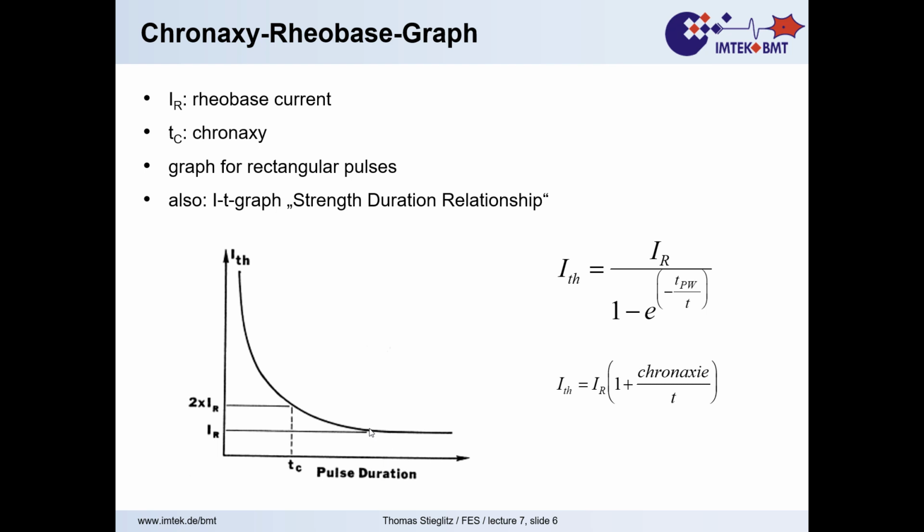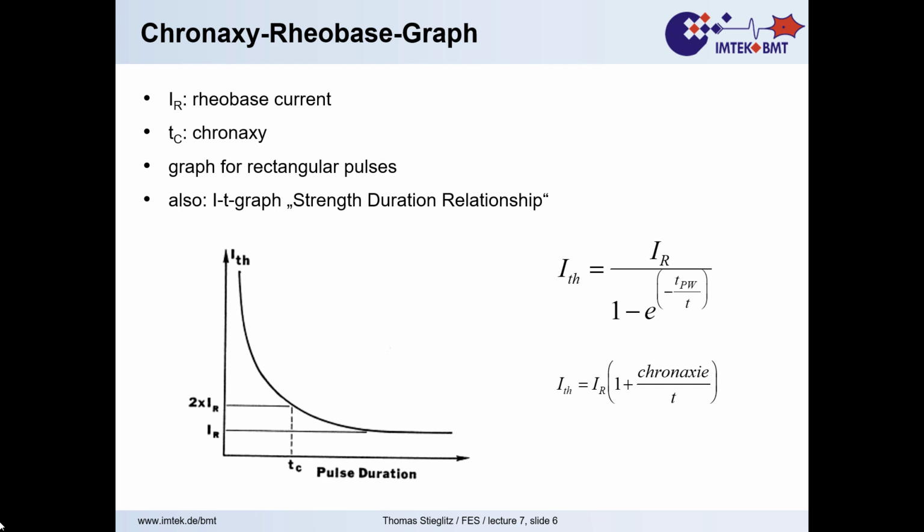We have that minimum asymptotic value, which is the threshold of excitation at very long pulses, and this is called the rheobase current. That means you do not get below that rheobase current to elicit action potentials, no matter how wide your pulses are.